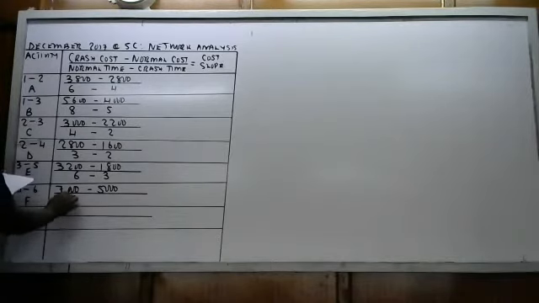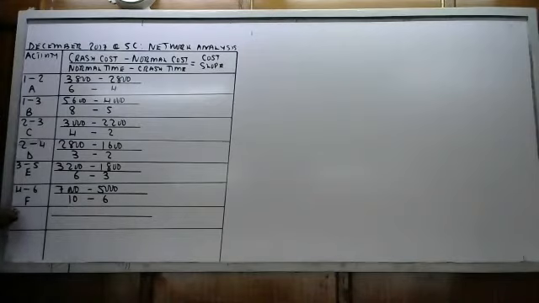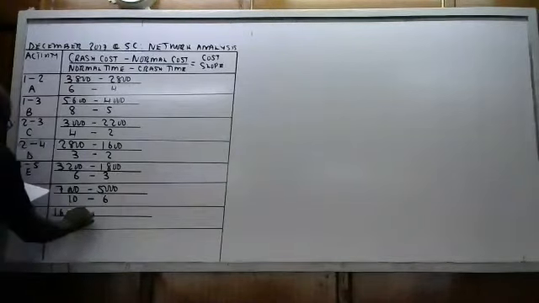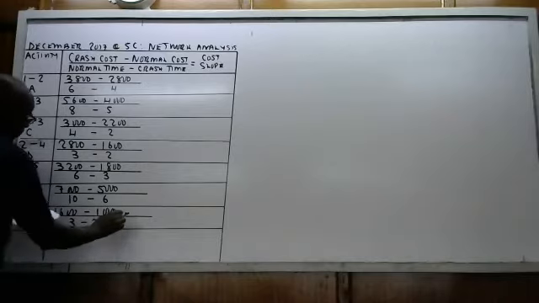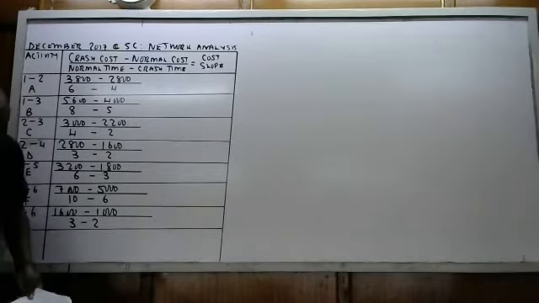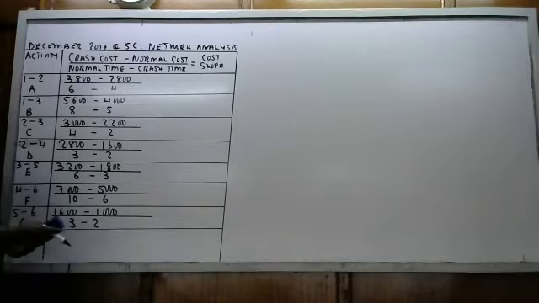This is 10 to 6. Then 5 to 6, which is G. I have 1,600 minus 1,000. This is 3 to 2.